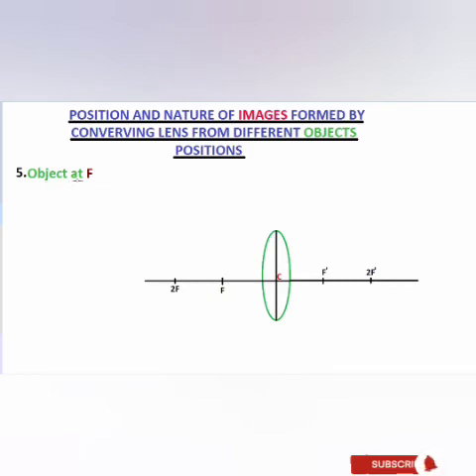Next, object at f. The object is placed at f, so I've drawn my object at f, upright, indicate with arrows that it is upright, the arrows pointing upward.